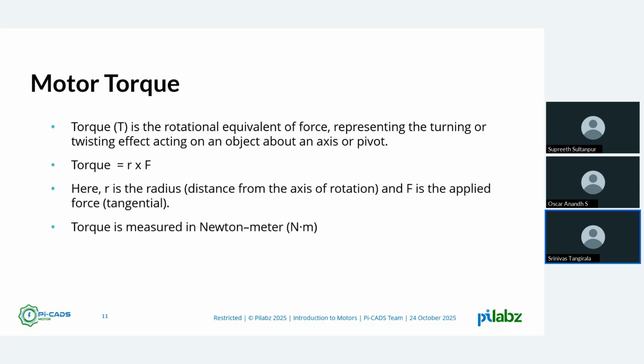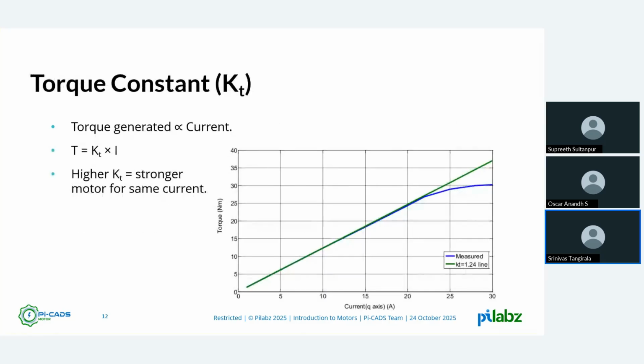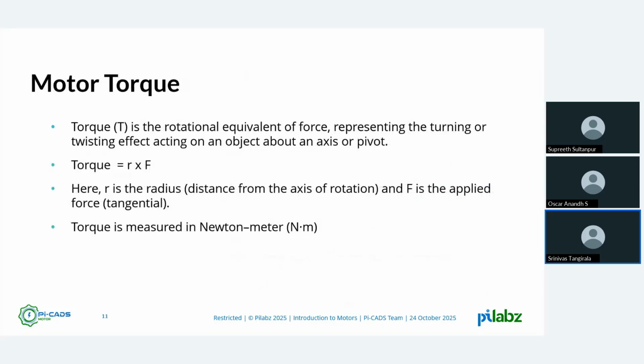So as you can see, it has the dimensions of Newton meter units. It is measured in Newton meter because force is measured in Newton, and the distance, the radius, is from the center of the wheel to the surface, or tip of the wheel. So that is the radius of the rotor of the motor.